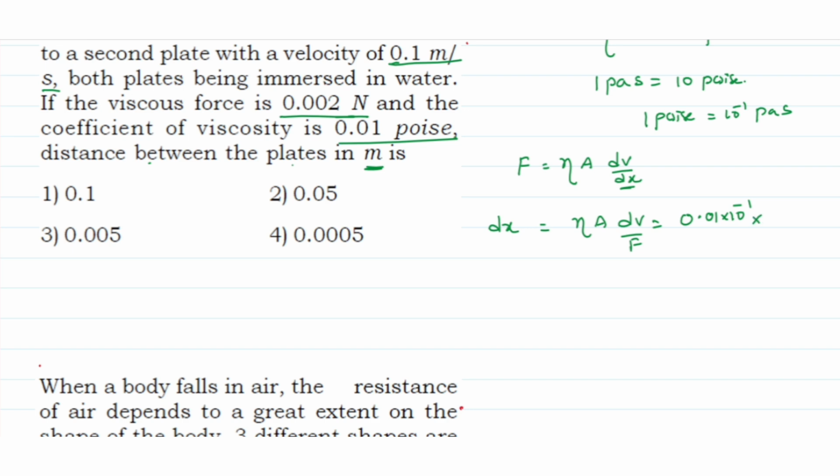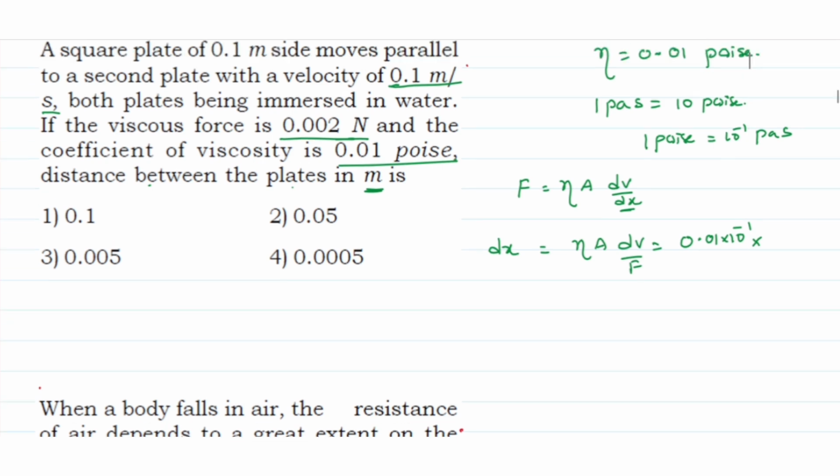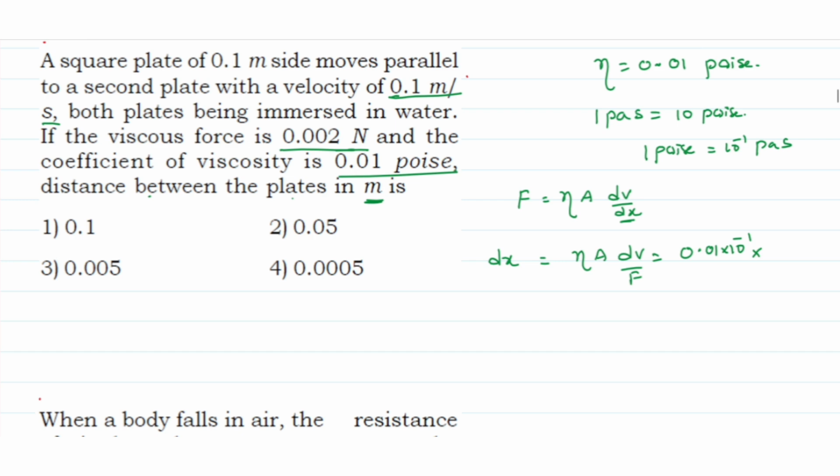The area of the plate, a square plate of 0.1 meter side, is 0.1 into 0.1, that is 0.01, into dV.